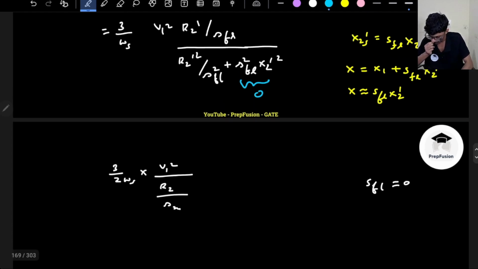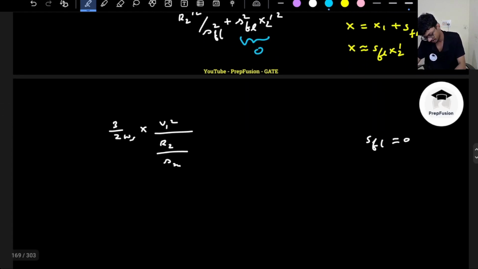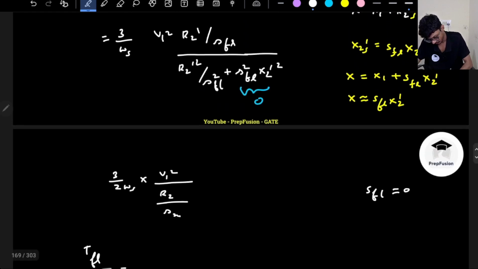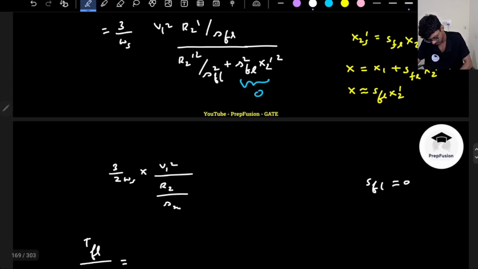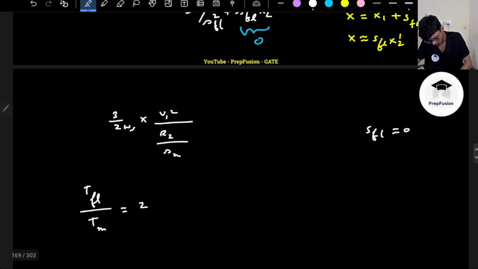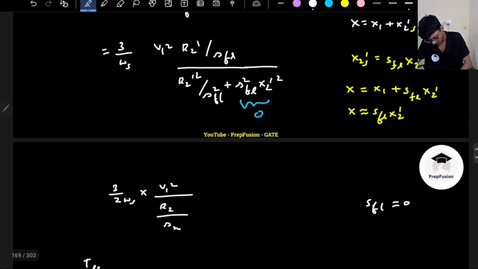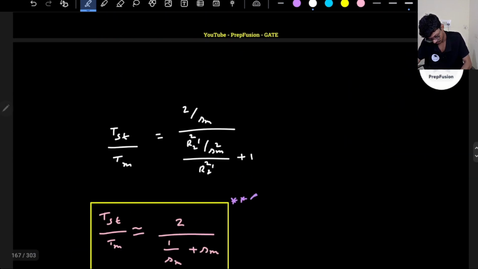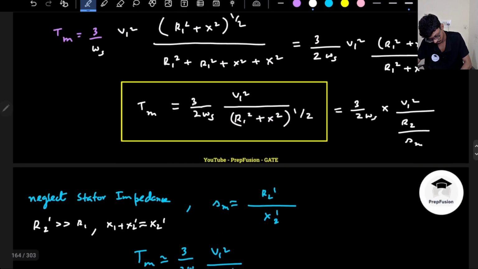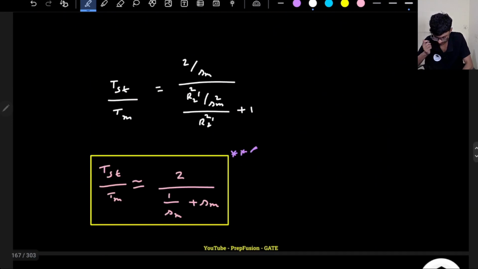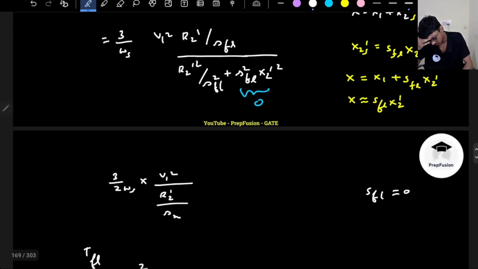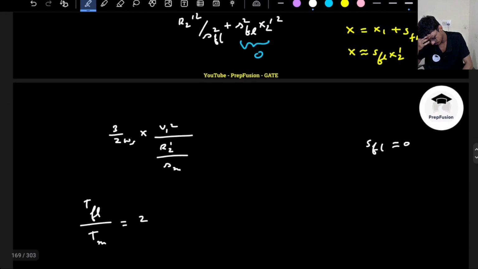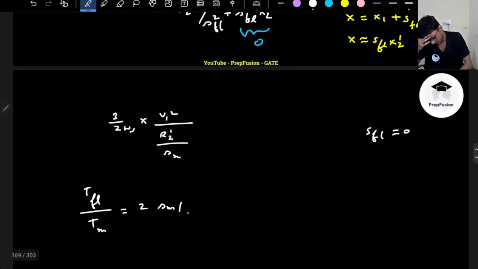Okay, so if this quantity is almost 0, and I take the ratio of the full load torque to the maximum torque, I get this expression. V1 will get cancelled. This will be 2 R2 dash, so R2 dash will be cancelled. This will be Sm upon SFL.